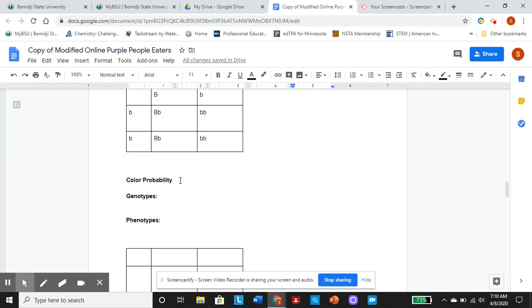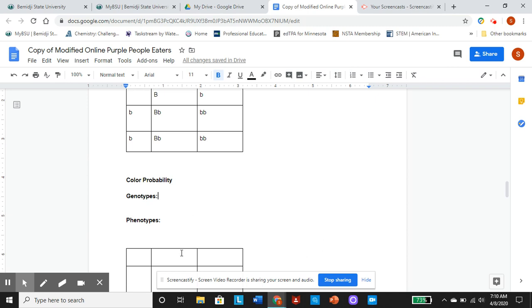So this is where I'm at, color probability, genotypes. So my genotypes, I wrote this down so I didn't have to go flipping back and forth. All right, so my genotypes, I'm pulling from above. I'm going to fill in my Punnett square.